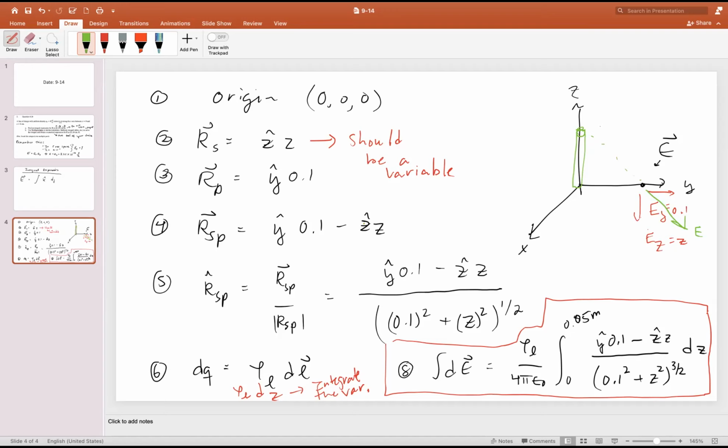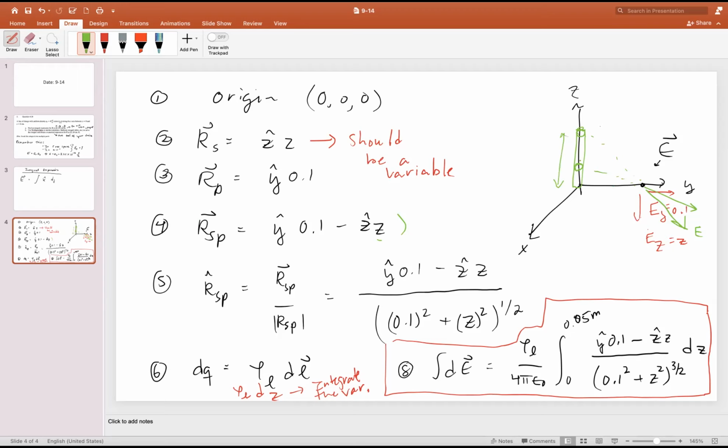So it makes sense that this RSP vector is going to be pointed down. And no matter what the z is, even if we chose it here, it's the same thing. It's going to be in the positive y direction, and it's also going to have some negative z component. So this RSP vector is a variable vector.